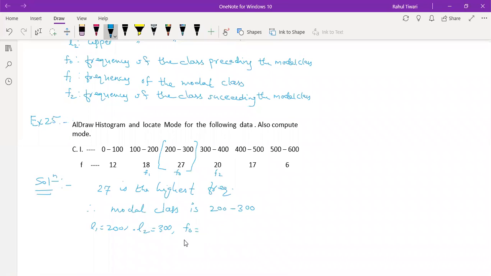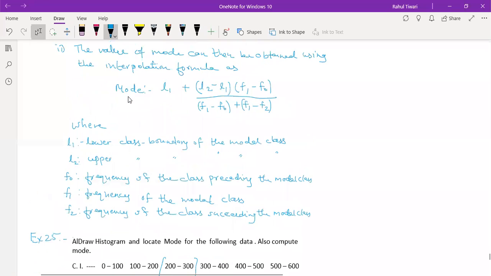F1 is 27, F0 is 18, F2 is 20. Any question about how to get the values of F1, F0, F2? Let me know.